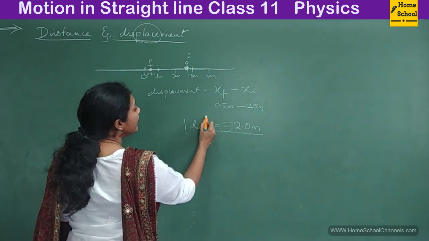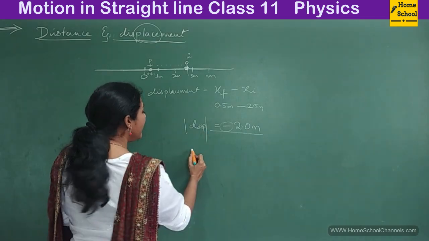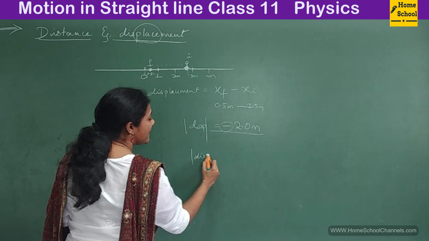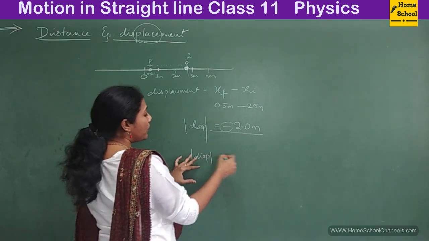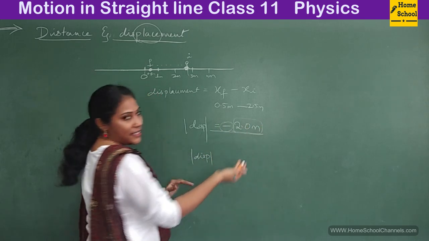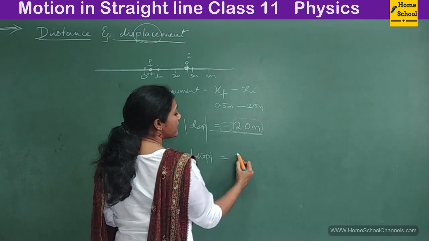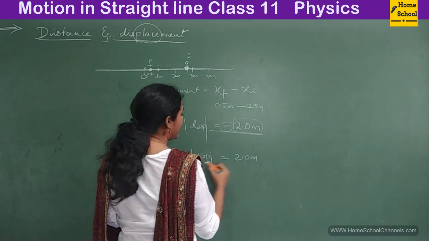We only consider the magnitude of displacement. Magnitude means it can be negative or positive, just the number is important for us. So the magnitude of displacement is equal to 2.0 meters, we say.